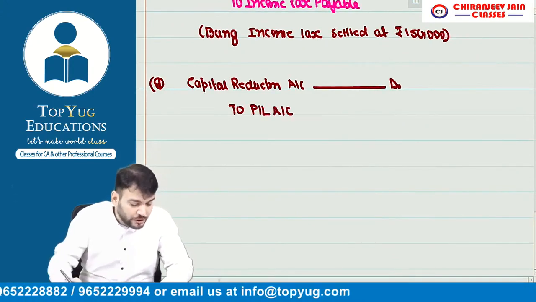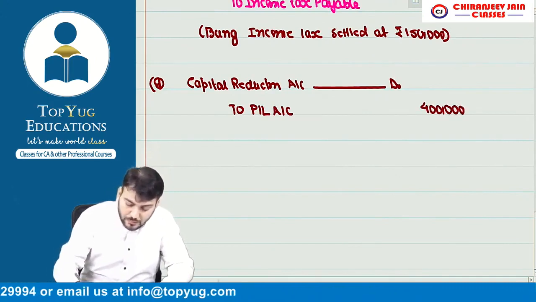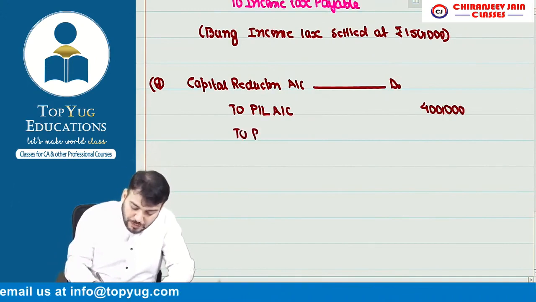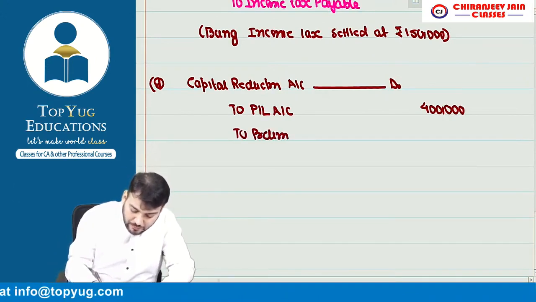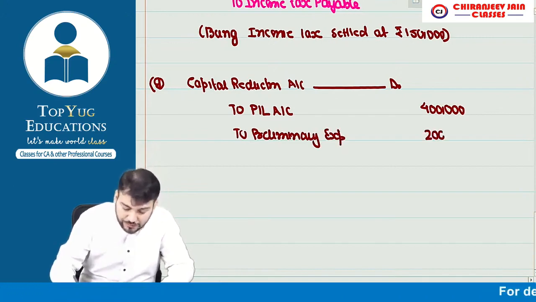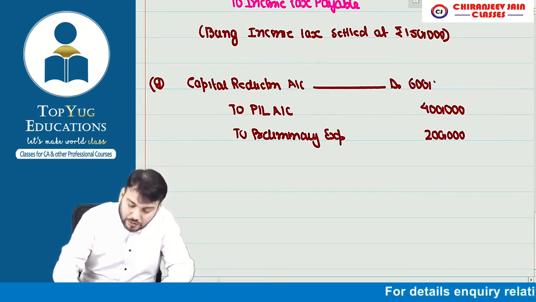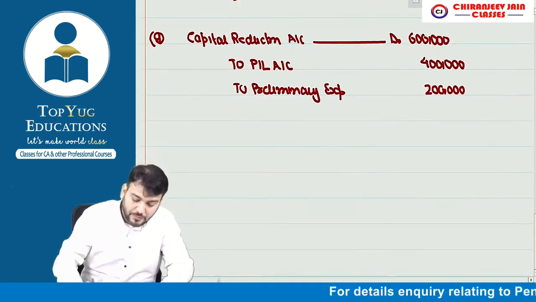How much? 4 lakh. And to preliminary expenses. How much? 2 lakh. There is no goodwill. Yes, sir. So it becomes 6 lakh.